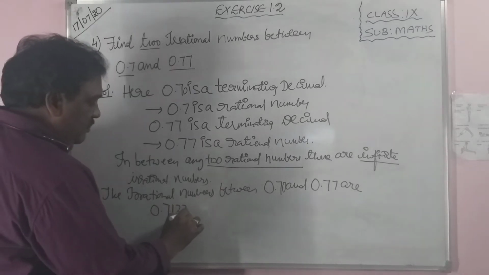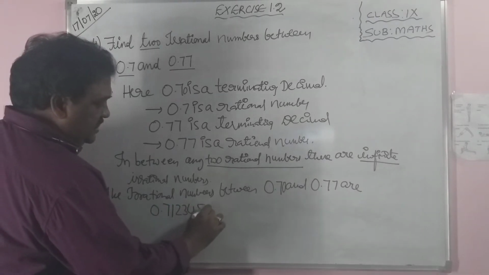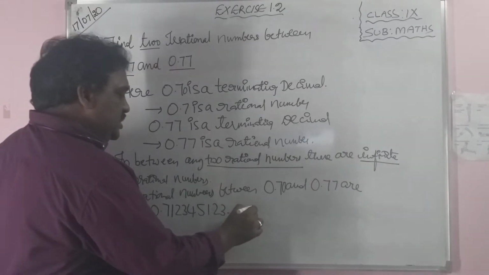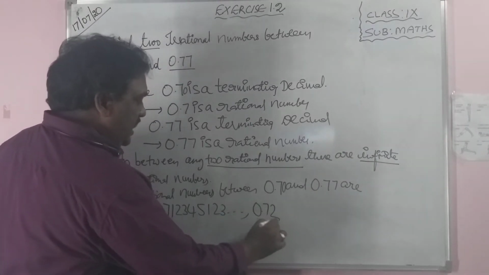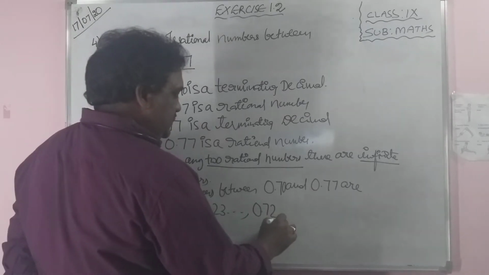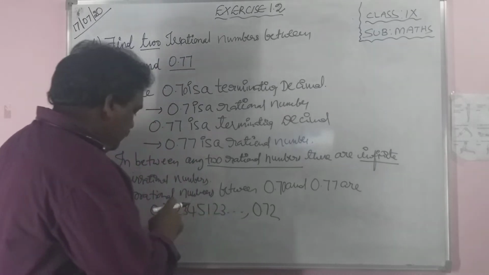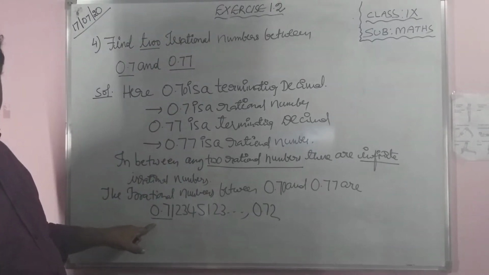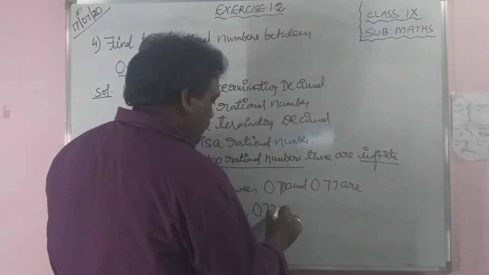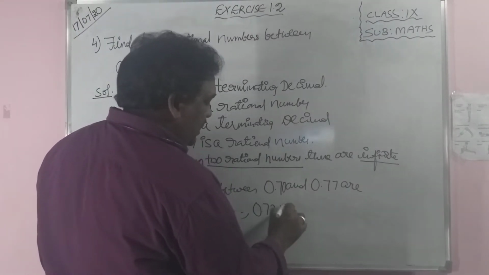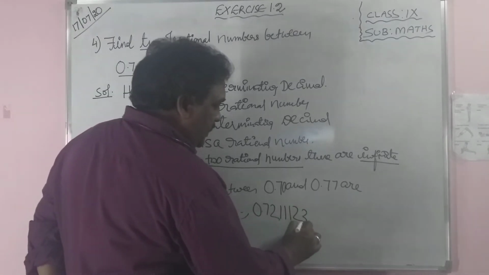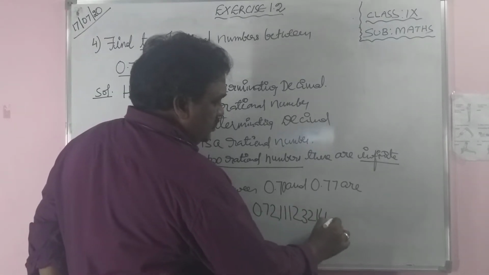We can write any number, but no repetition, your wish. Then 0.72 we can write. With 0.71 infinite irrational numbers are there. With 0.72 again, but don't write any repetition. You can write any numbers, but don't write repetition.